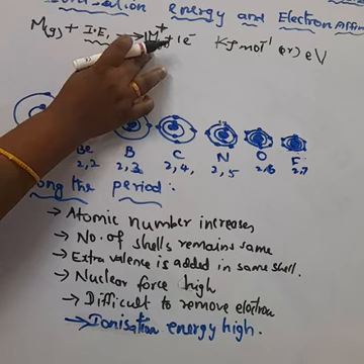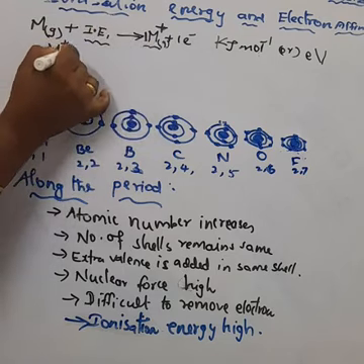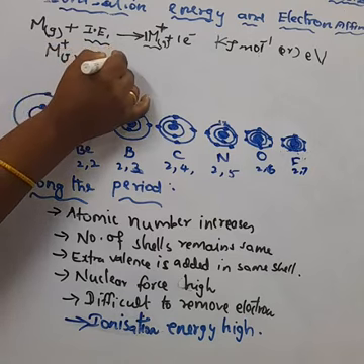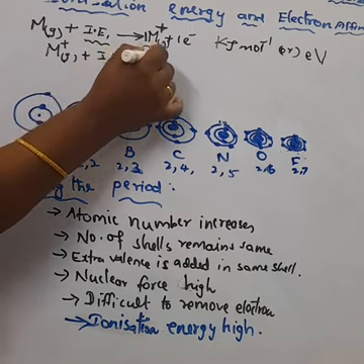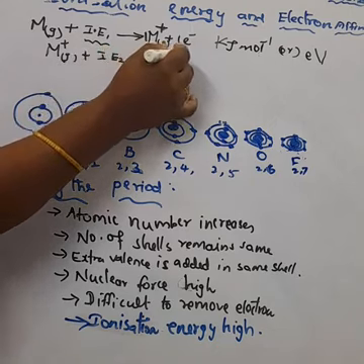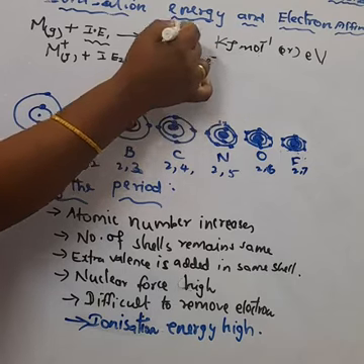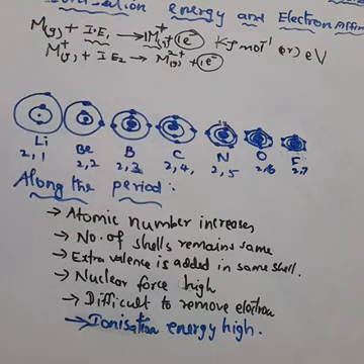What do you mean by unipositive cation? Uni means one, so unipositive cation means only one positive charge, that is M plus. If we want to remove an electron from this cation M plus, we should give another energy, which we call the second ionization energy. So we get M2 plus, because we removed 2 electrons in total.